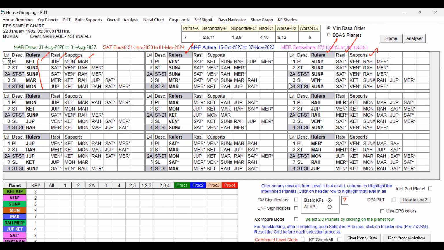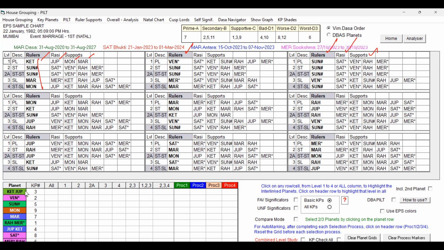Okay. Now, what are the steps I was telling? Prior to that, you can see on the left-hand side, all the 9 planets are given, and key planets number has been given. It means what I told you under the key planets also.